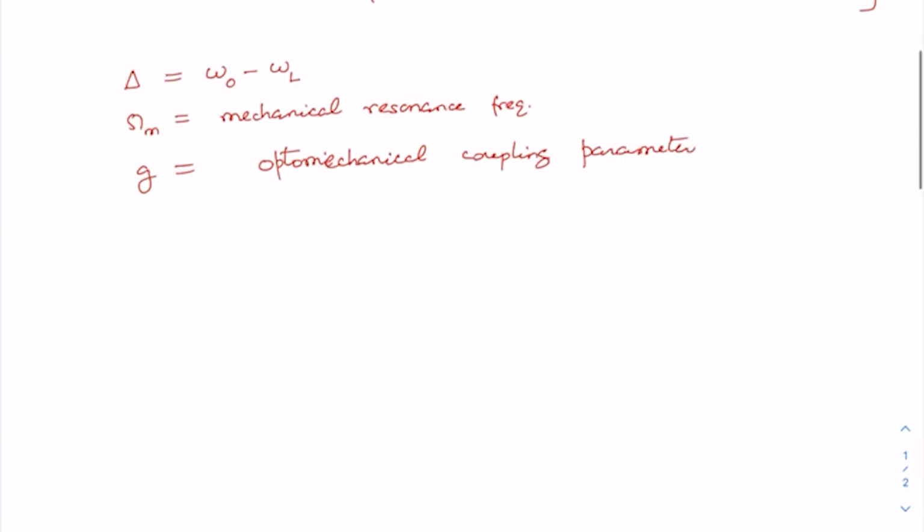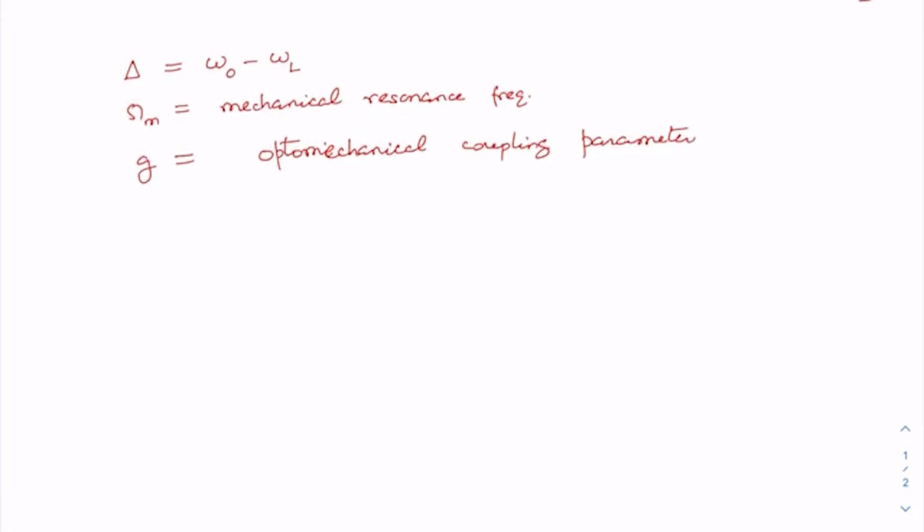We discussed the situation when we set delta equal to plus omega m. That means the detuning parameter is set at the resonance frequency of the mechanical oscillator. This refers to the case that delta is greater than 0.